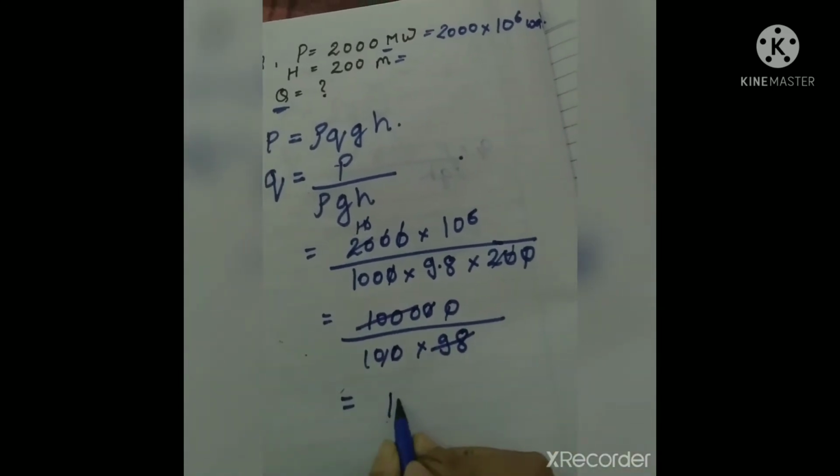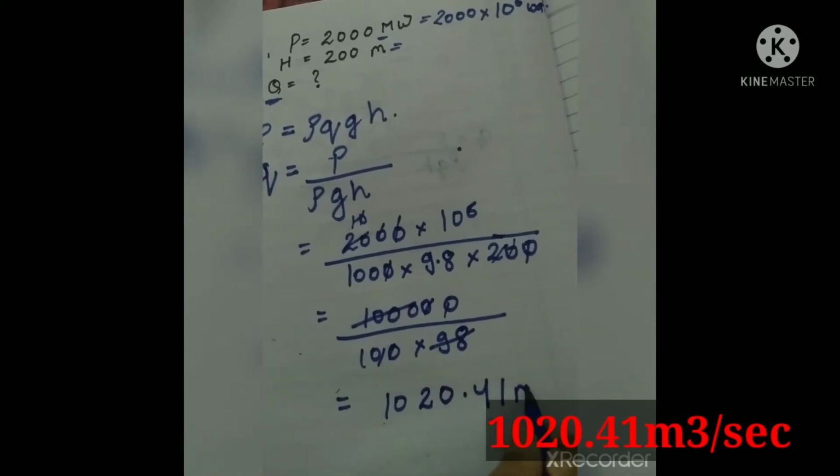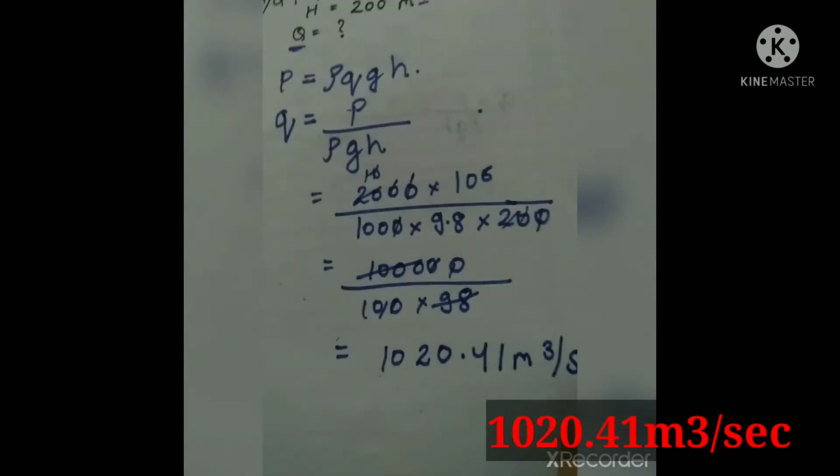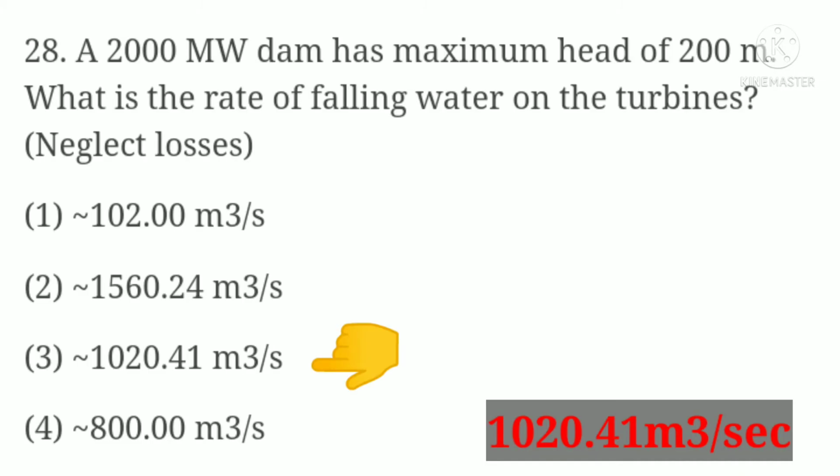So after solving, we will get our answer, that is equal to 1020.41 meter cube per second. This will be our flow rate. So here we got that our correct option is option number 3.